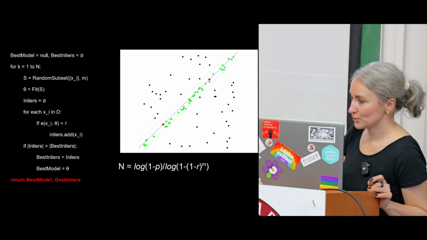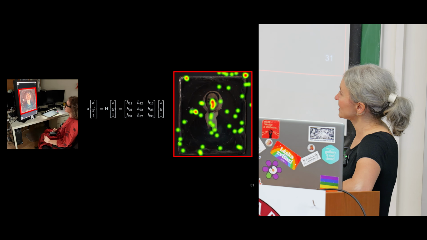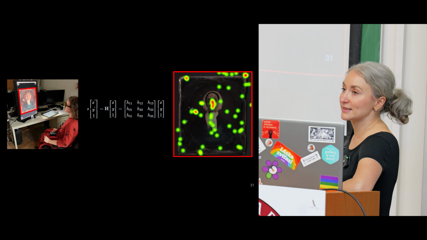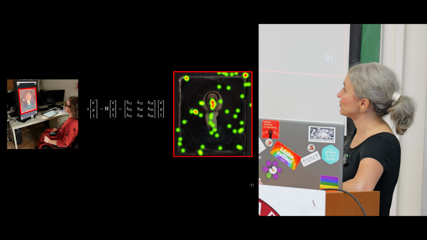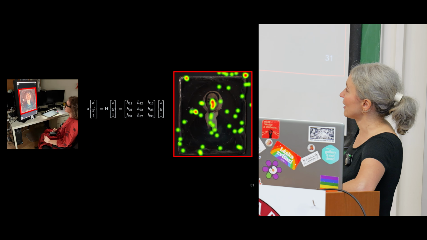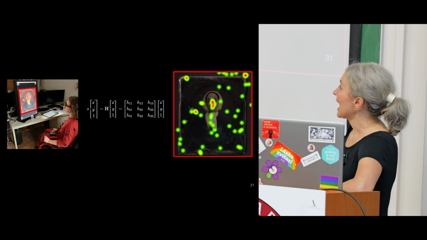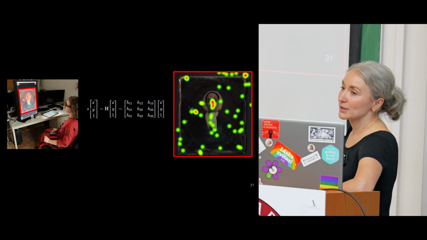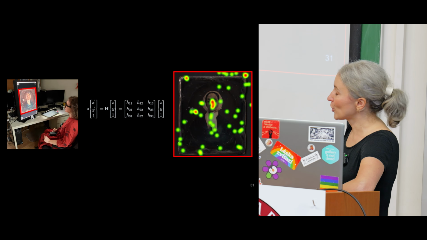In our case, it works like this: we will use RANSAC, so we have local features extracted at each frame of the video, and local features extracted from this image. We have the pairs between them, and from these pairs we will, in a RANSAC manner, compute the homography.